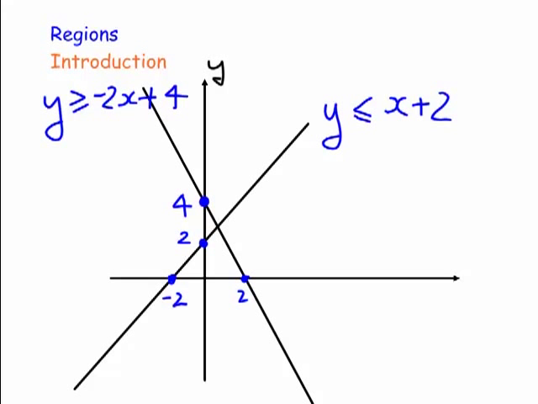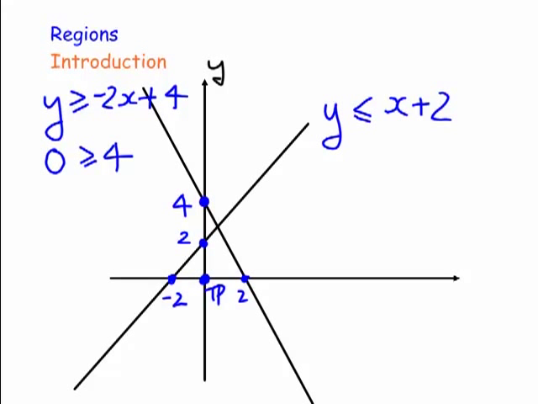Okay, so suppose we want to find the union and intersection of these two regions. First of all, let's try and find the regions. Let's pick a test point. We always pick the test point, TP, at the origin. Now, let's plug it into the first one: is 0 larger than or equal to 4?